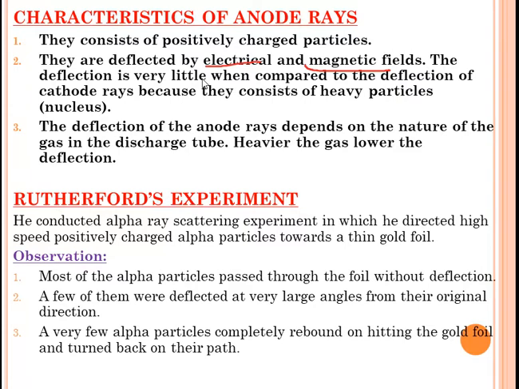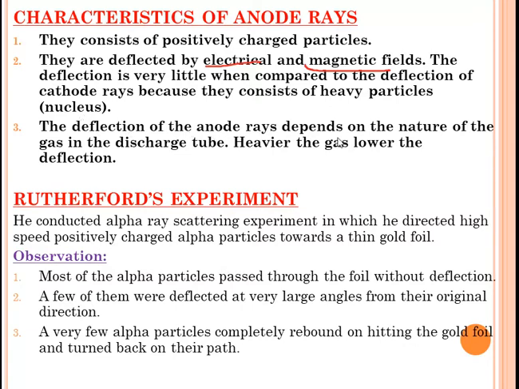But the deflection in the case of anode rays is very small because the positive particles present inside the nucleus are very large in mass, very heavy.